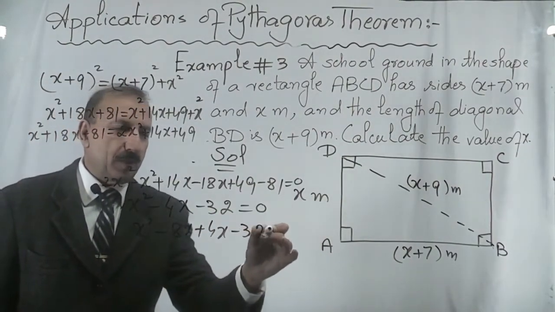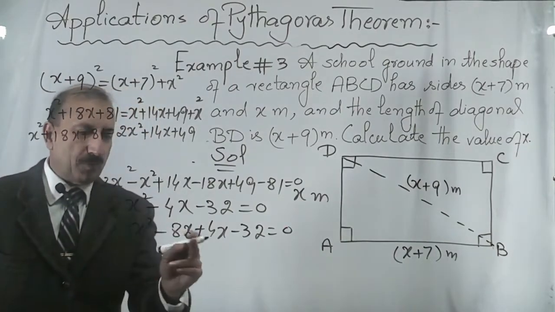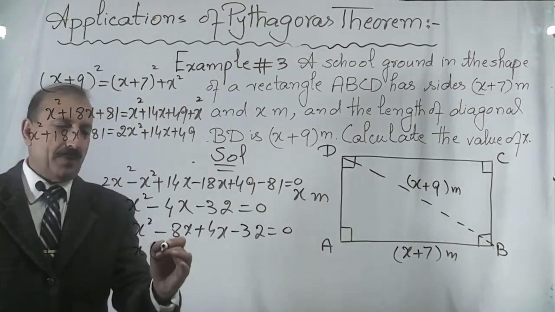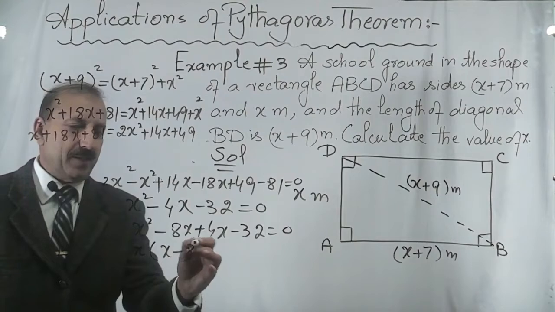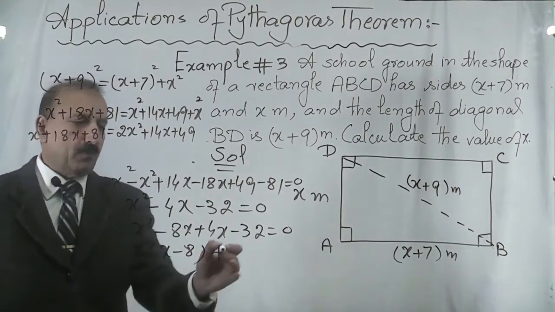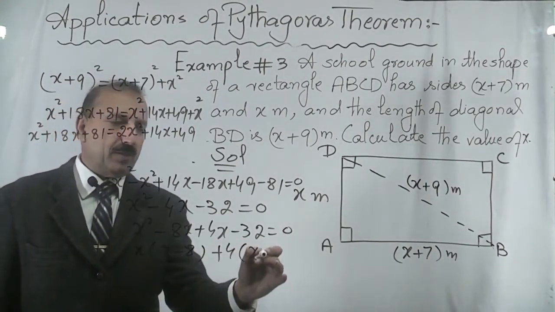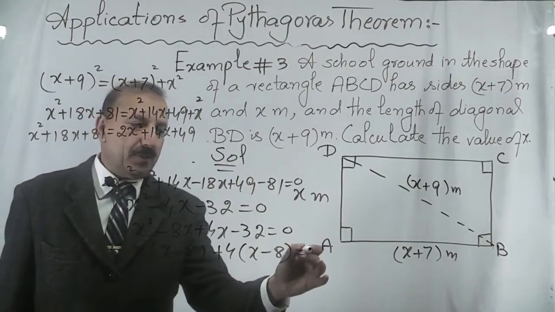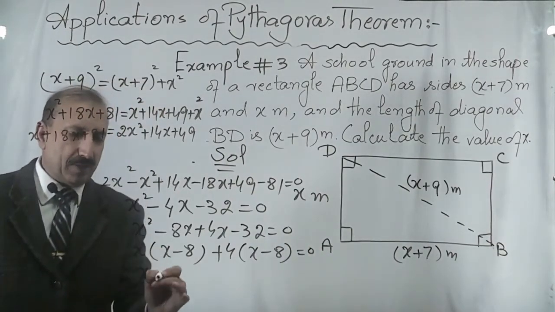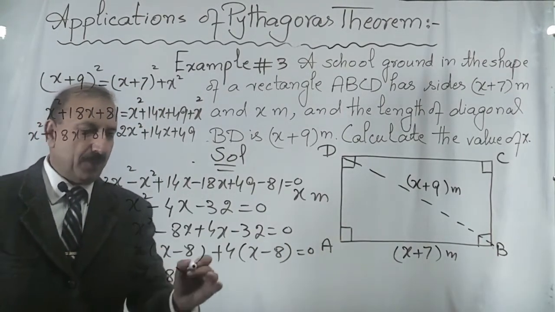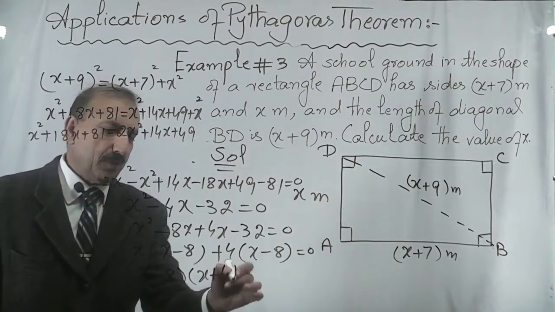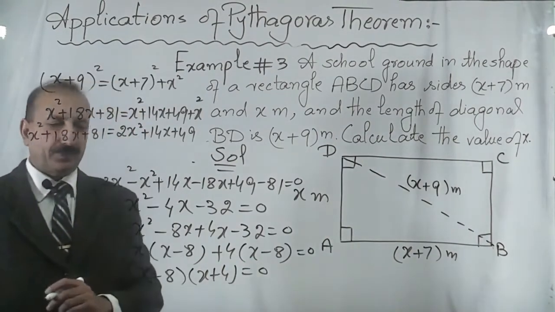Minus 32 is equal to 0, and from these two terms x is common. We will have x minus 8 here, plus we can have 4 common from here. This is x minus 8, this is equal to 0. We got two factors, x minus 8 into x plus 4 equal to 0.